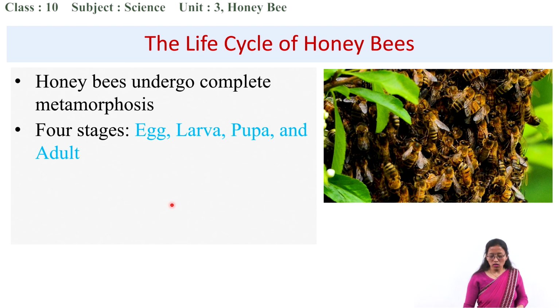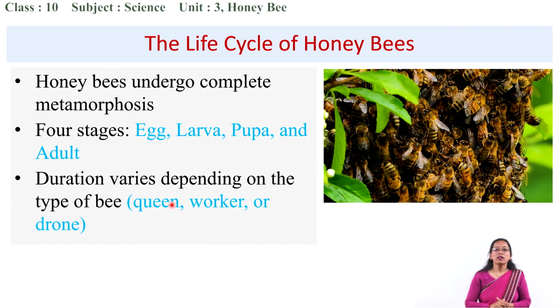This is called complete metamorphosis. The duration varies from one bee to another bee. Queen bee has its own lifespan and worker bee has its own lifespan. We have discussed this in the previous class, and similarly drone bee also has a different one.